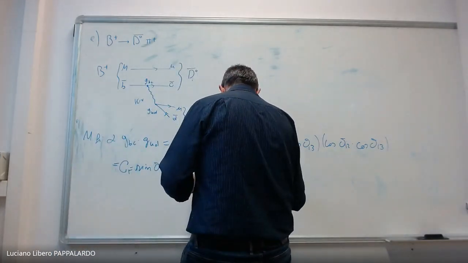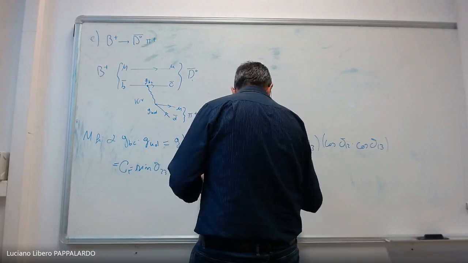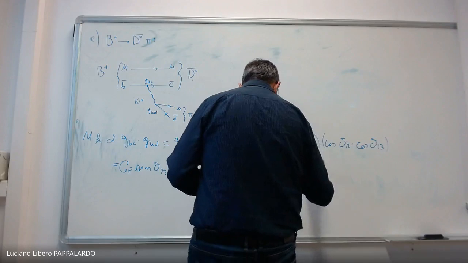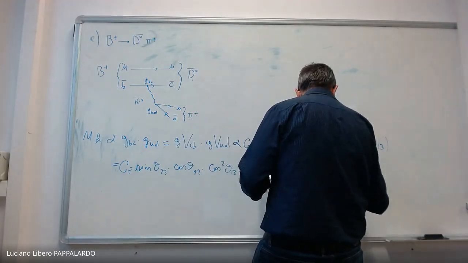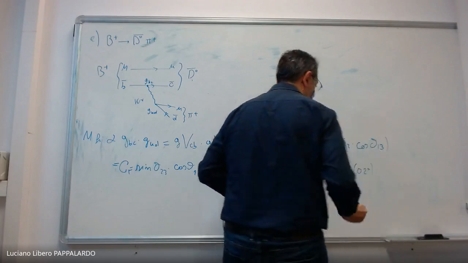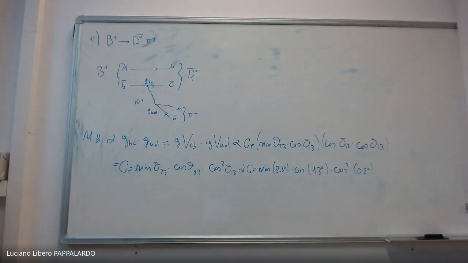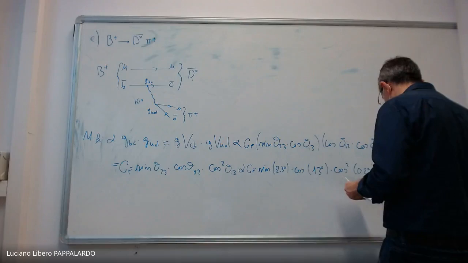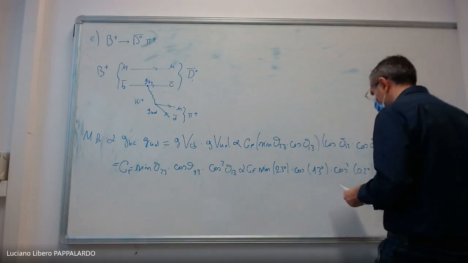It is the G sine of 2.3 degrees times the cosine of 13 degrees times the cosine squared of 0.2 degrees. And it is, at the end, 0.039, yes.